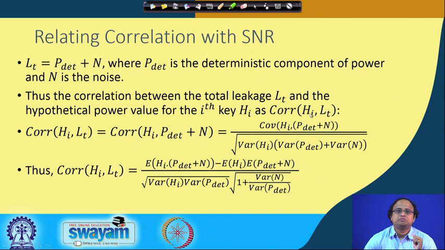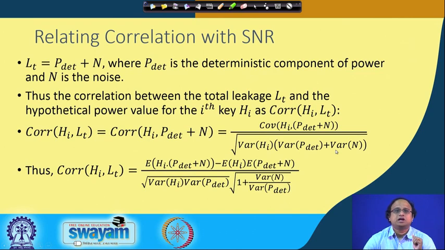So what is the correlation between Hi and Lt? The correlation between Hi and Lt is nothing but the correlation of Hi comma P deterministic plus N. This Lt is nothing but P deterministic plus noise. And therefore, I can write that as the covariance of Hi and P deterministic plus noise, divided by the square root of the variance of Hi and the variance of P deterministic plus noise.